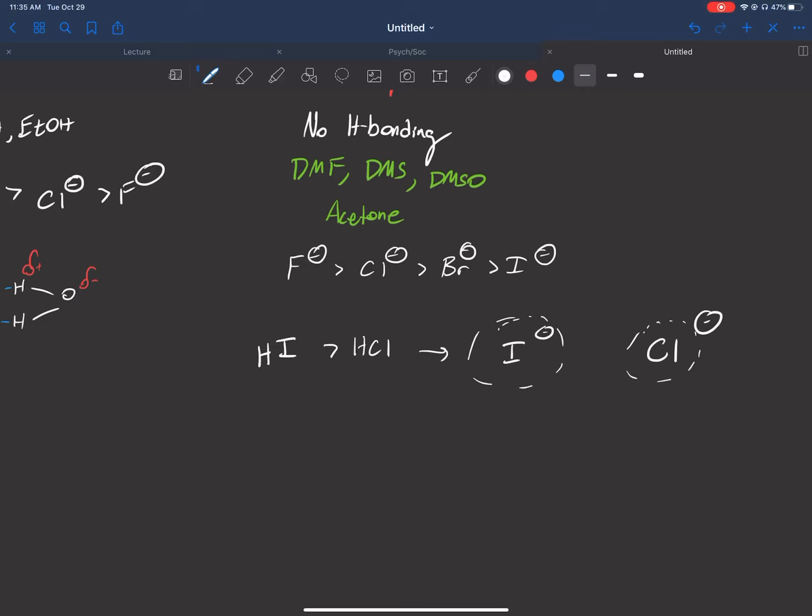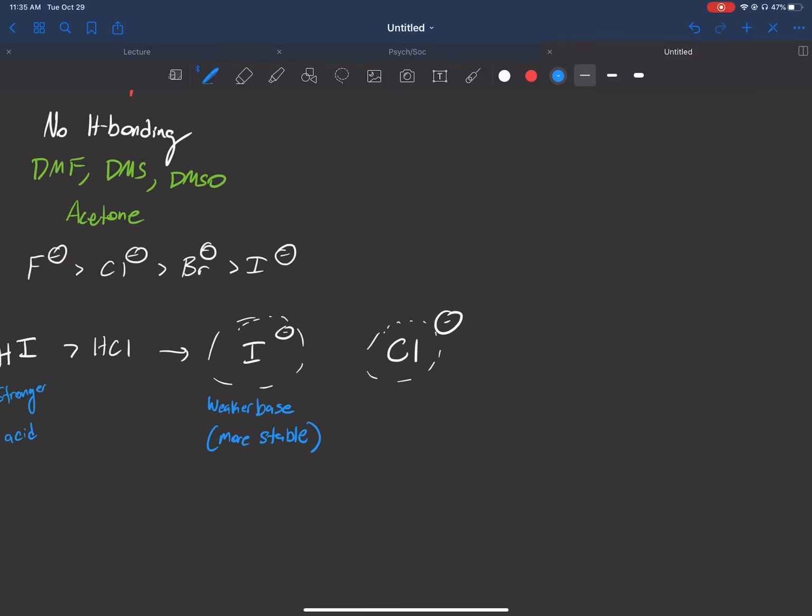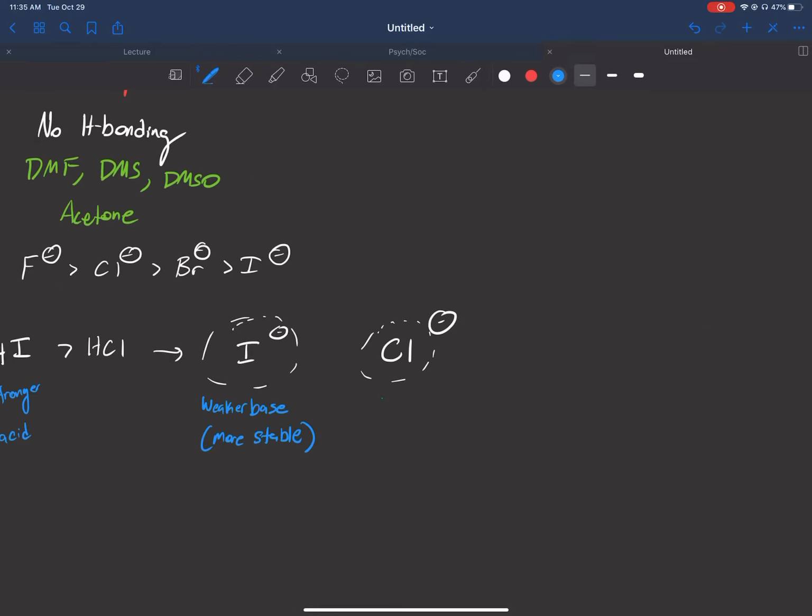So we said HI is the stronger acid, which means I minus is the weaker base, which also means more stable. So if you're stable, you don't really want to react. This is going to be a stronger base, more reactive.